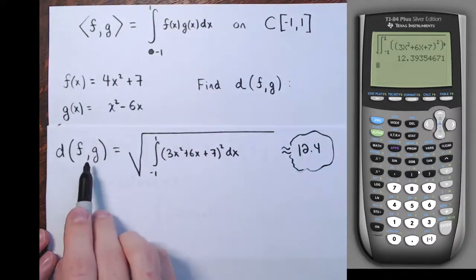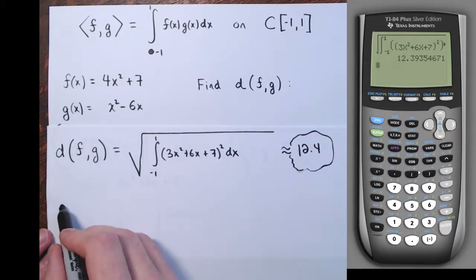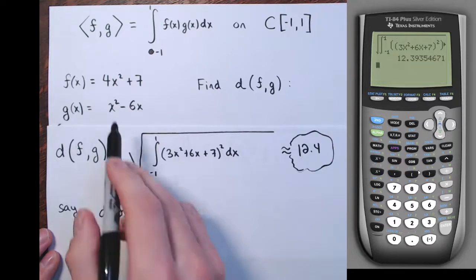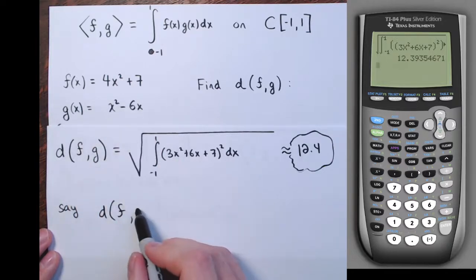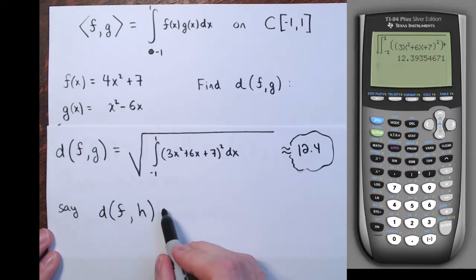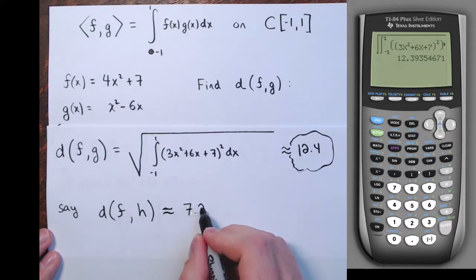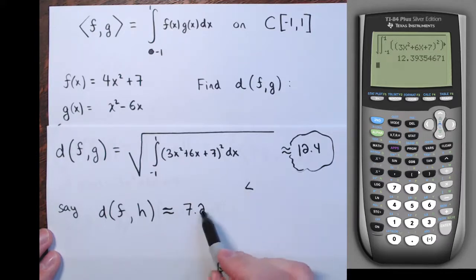If the distance between f and g was 12.4, and then say the distance between this function f and some other function h. Now I'm not going to tell you what h is. I'm just saying some other function out there h. Say their distance was 7.2 or something, which is smaller than 12.4.